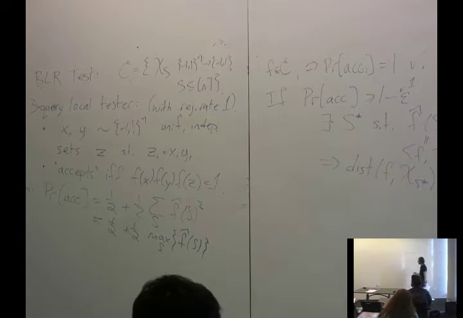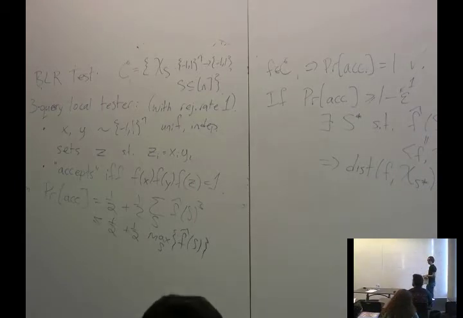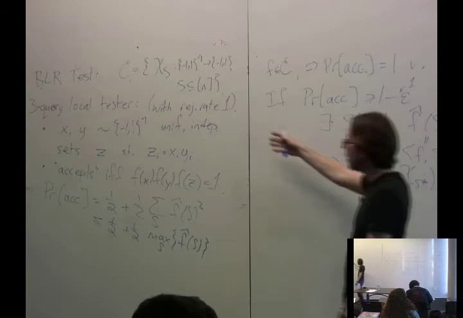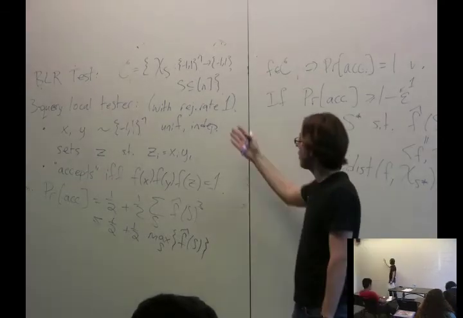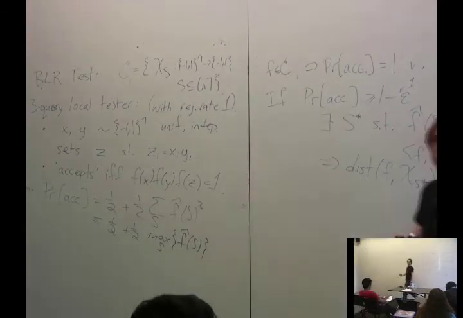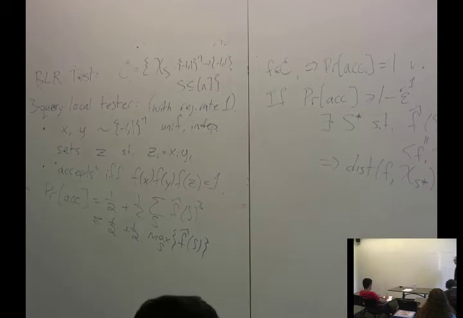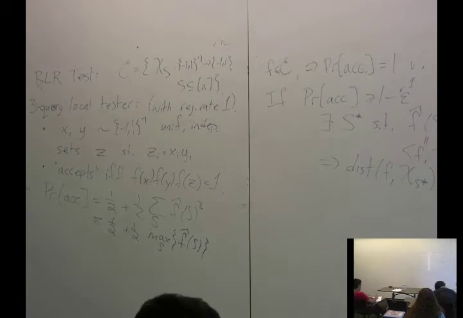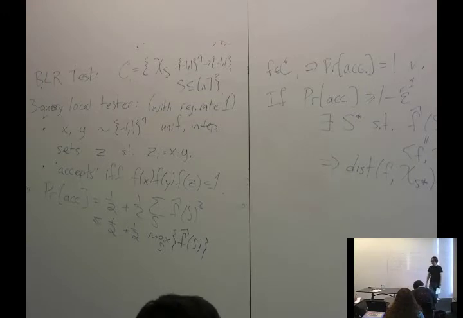And technically, by definition, you have a separate tester for each value of n. But generally in the examples it'll be the same thing for all values of n, as it was here. And the main point will be that this rejection rate is some absolute constant that does not depend on n. So I'll slightly blur this distinction between testing for a fixed n and testing for all n. It should never really cause any confusion.